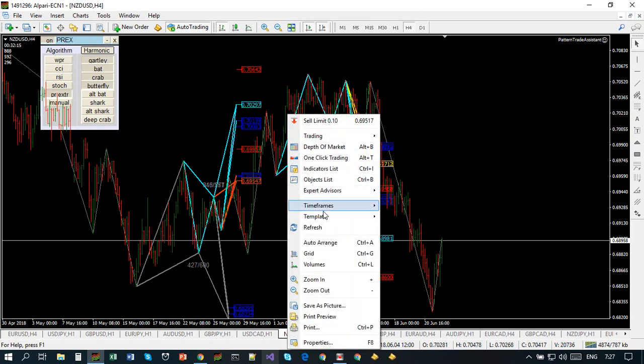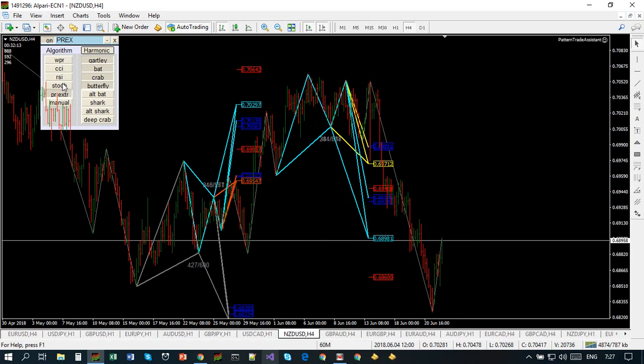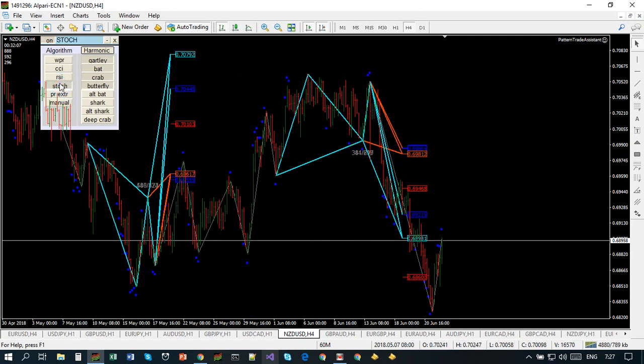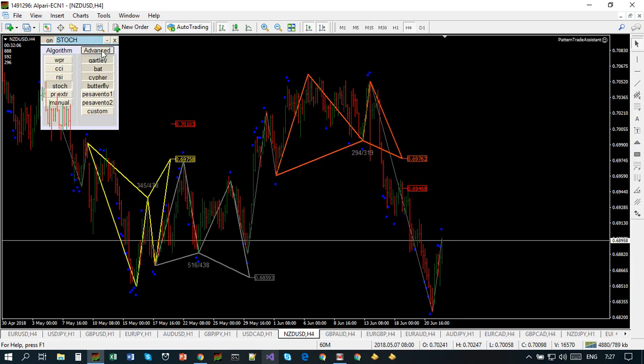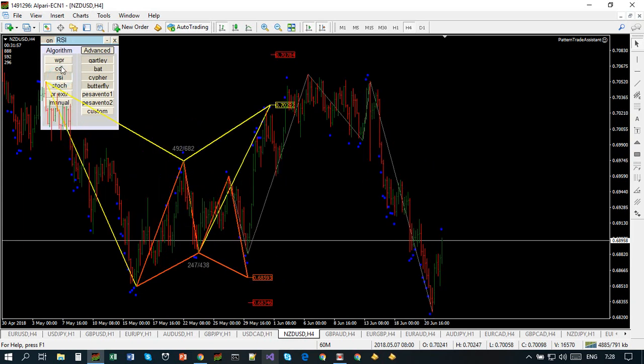Okay, I suppose that I applied the default template. As far as the advanced pattern approach says, we have it this way. Not very many patterns. You can see a bad pattern here, yes.